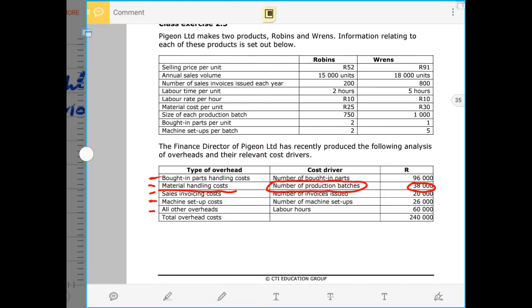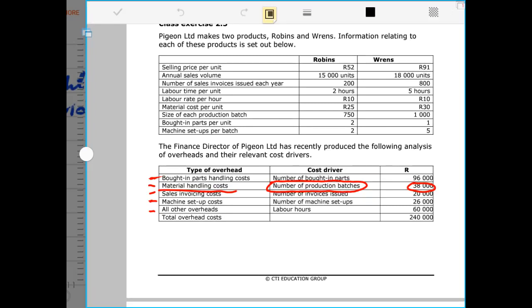So now let us check how we can calculate this overhead and allocate it to the two products. Let us check the number of production batches.